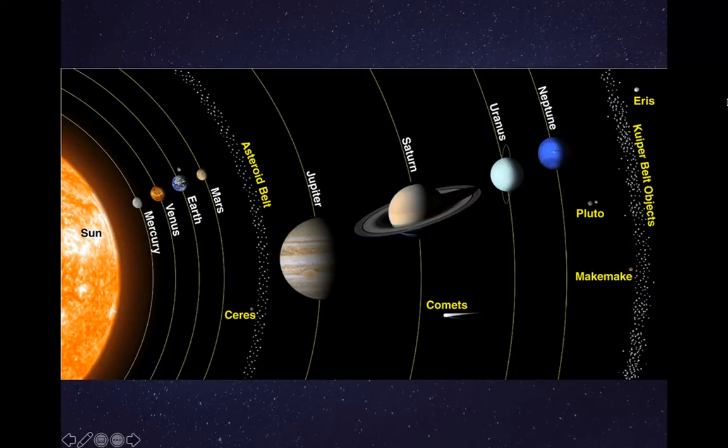Now, let's look at the solar system. The solar system is something that you have been learning about forever, and you should know that there are the 8 planets: Mercury, Venus, Earth, Mars, Jupiter, Saturn, Uranus, and Neptune. Now, the first 4 are the rock planets. They're a lot smaller and closer to the sun. Now, they're primarily made out of rock and different things like that. They do have some gases, like the gases that come from volcanic activity.